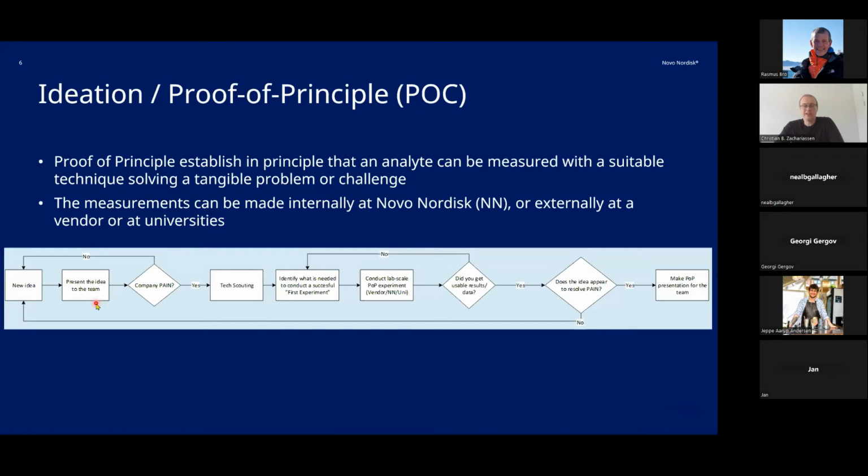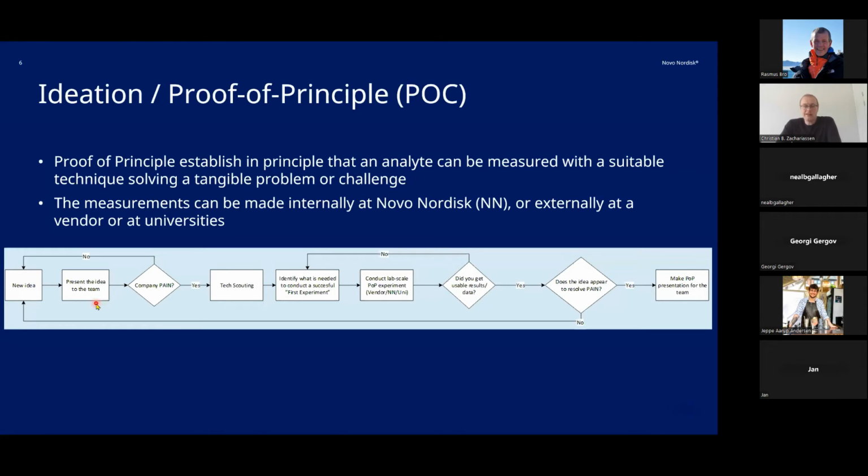That can also be a scope that you look into. So what do we need to conduct a successful first experiment? You need to narrow in on what the pain is, does it translate to some concentration of an analyte? What is the matrix you want to measure it in? Are there any possible interferences, or, if you want to measure inline, are there any problems establishing a measurement point?